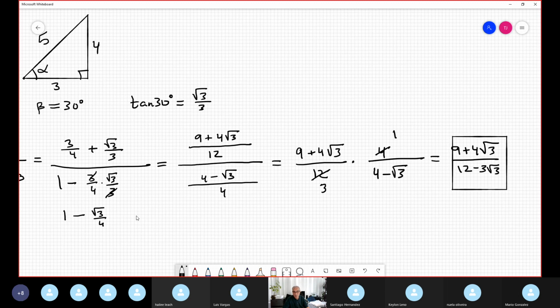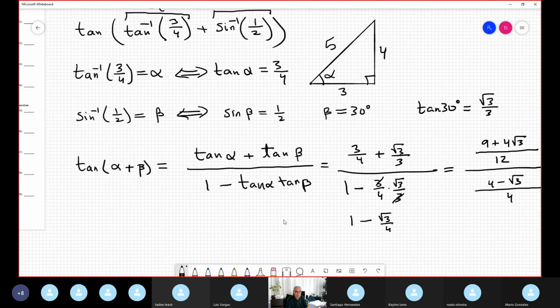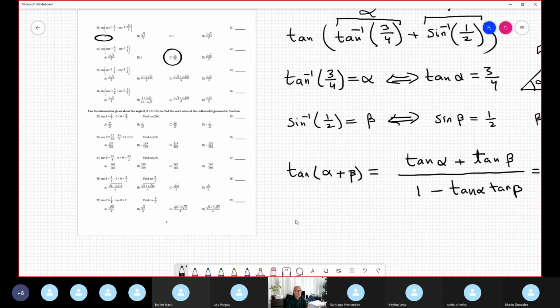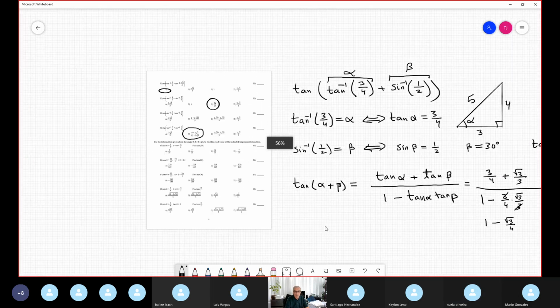You can rationalize. But no. I come back to the page to see the multiple choice. I see the option B matching perfectly with this idea. Option B, there you go. Super good. Super good or no? Yes. Excellent. I want to hear that.